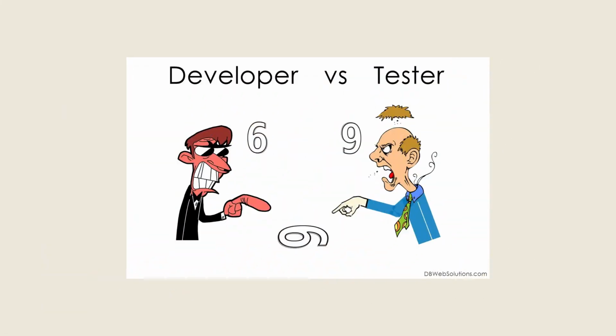So they always have a fight over it. Why does it happen? The developer says it's 6, the tester sees it as 9, and they have a conflict over it. So how should they fix this? They should work together, come to a compromise and a common agreement, and then fix such issues or differences between them.